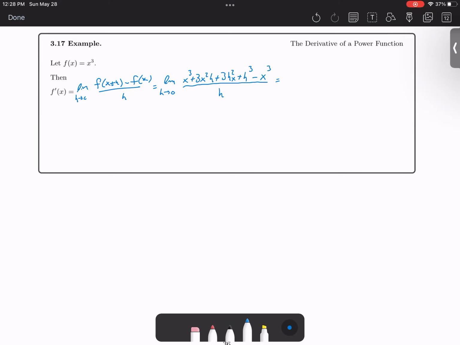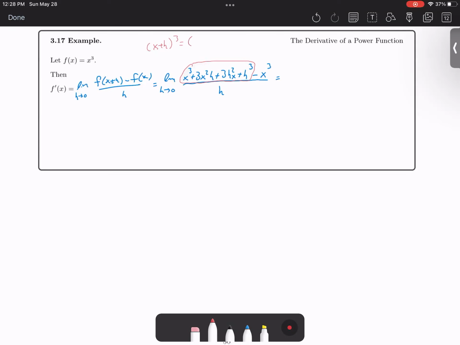Right, so if it's not clear to you why x cubed plus 3x squared h plus 3h squared x plus h cubed is x plus h cubed, go ahead and pause the video and make sure that the algebra is clear. When you multiply x plus h by itself 3 times, you get what's there in red.